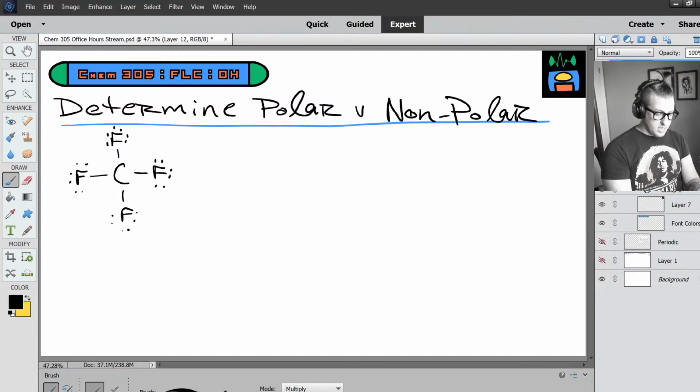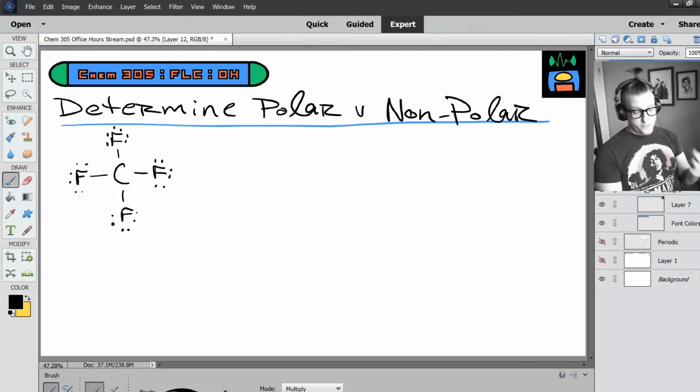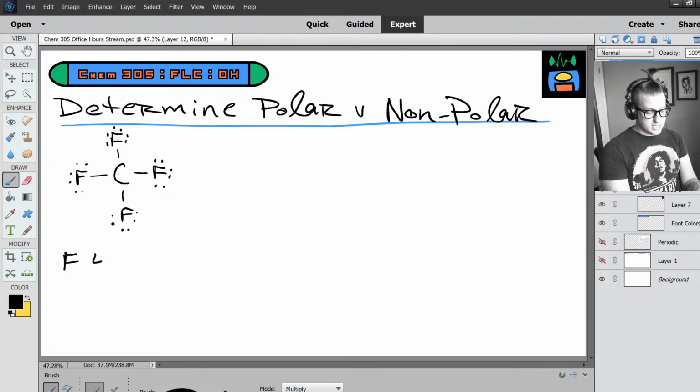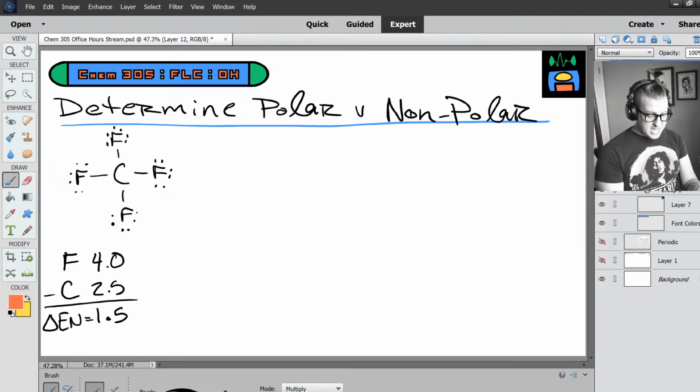All right, CF4. So first, we look at our difference in electronegativity. Fluorine has an electronegativity of 4.0, carbon 2.5. So our difference here comes out to be 1.5. So that tells us that we have polar bonds.